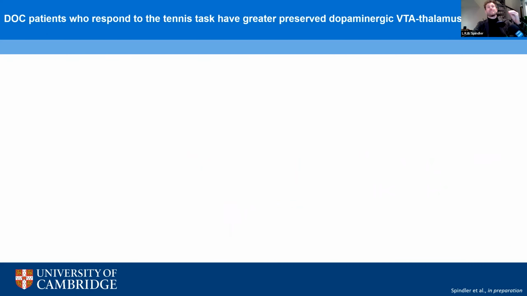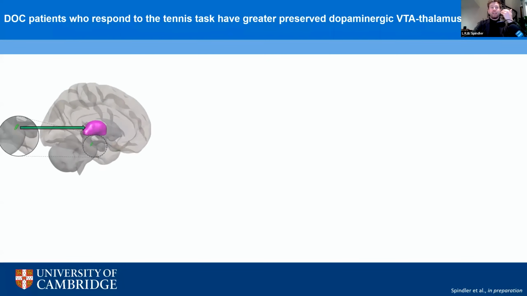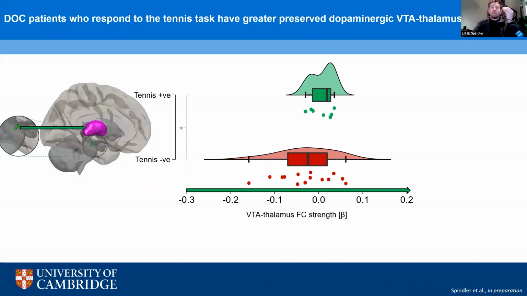And this, in terms of the relevance for the anterior forebrain mesocircuit, is captured maybe best in the fact that those patients that showed tennis positivity, so that responded in the fMRI scanner to the prompt of imagine yourself playing tennis, and showed motor area activation, actually had significantly higher VTA-to-thalamus connectivity preserved.